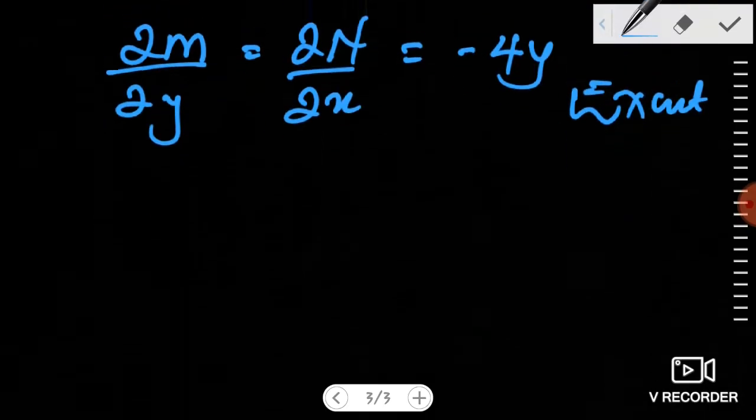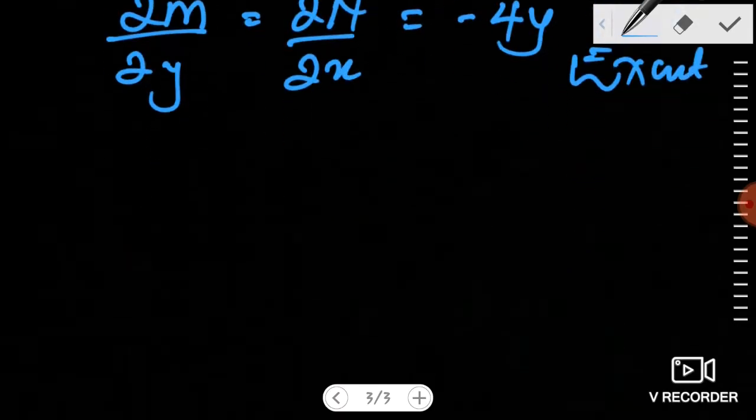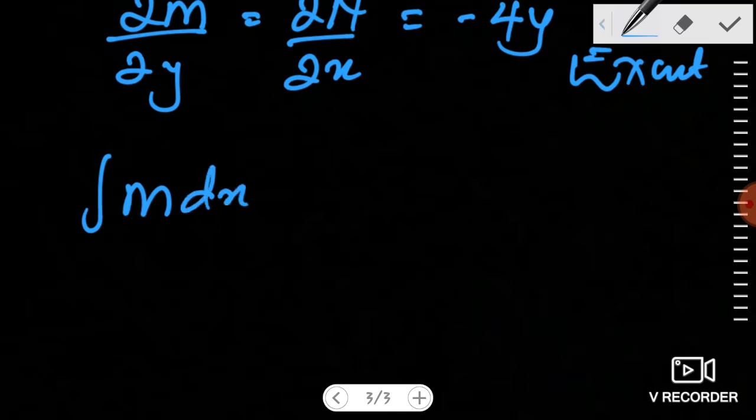To get the general solution, you first take the integral of M with respect to x. Then what you get from there, you differentiate it with respect to y. Let's do it.